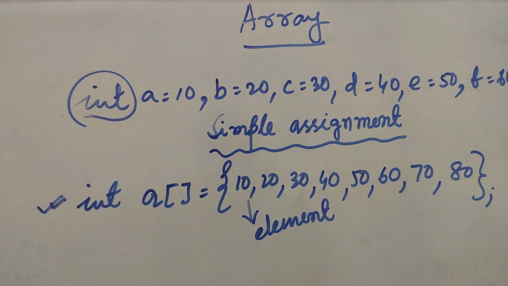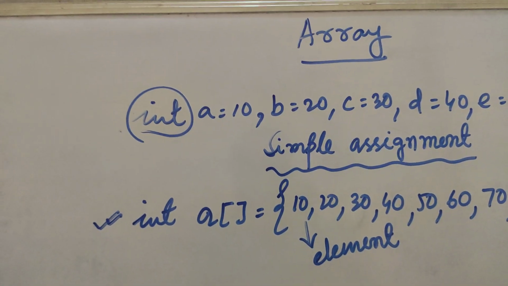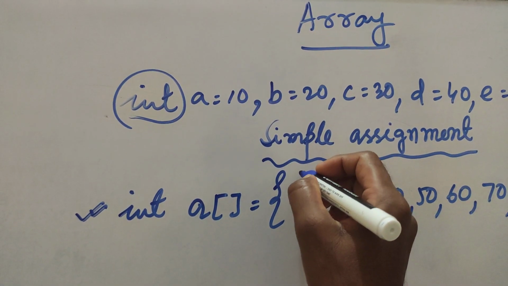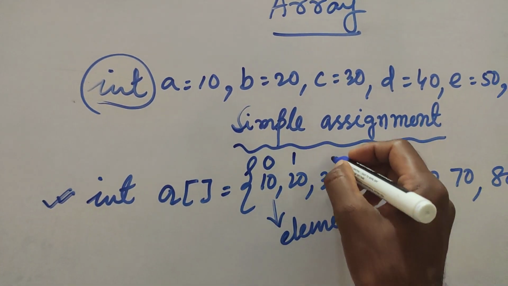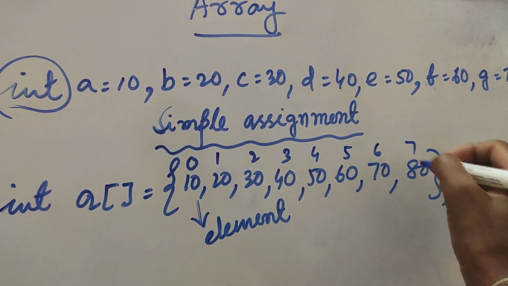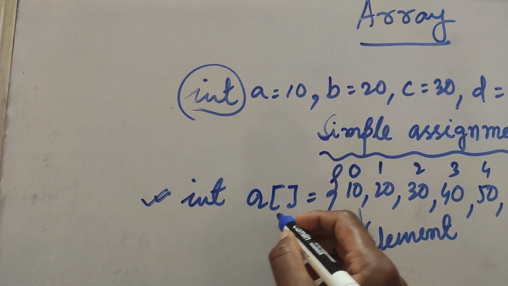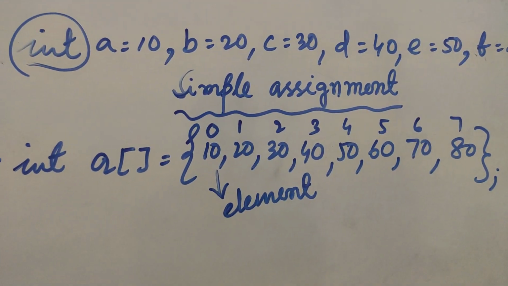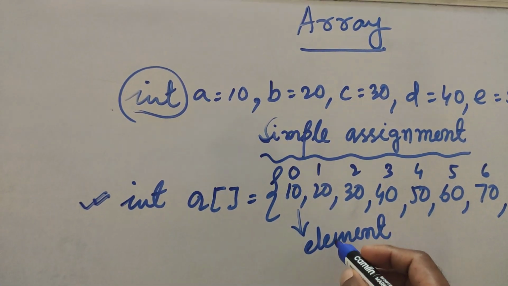These elements may be integer, double, float, long, character, or string, and every element has an index number. This is 0, this is 1, this is 2, 3, 4, 5, 6, 7. This variable, another name of an array variable, is a subscripted variable, and this is a subscripted value.